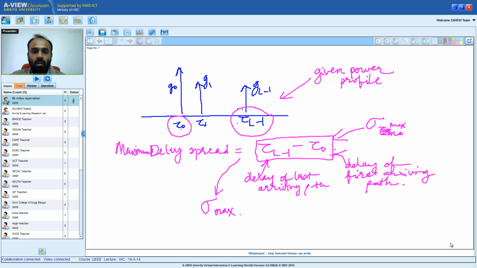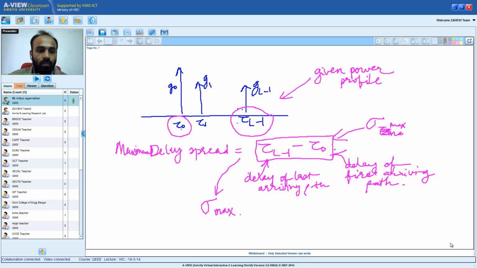This is the spread of time over which the different multipath components are arriving. This is the maximum delay spread.